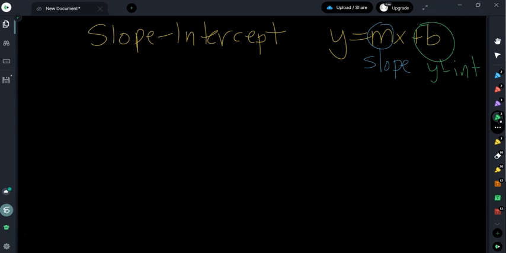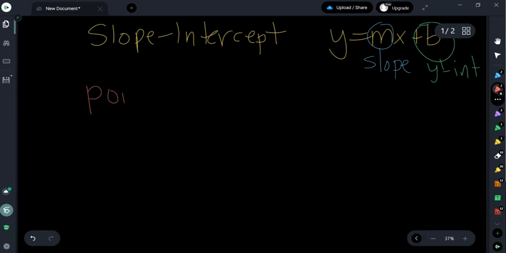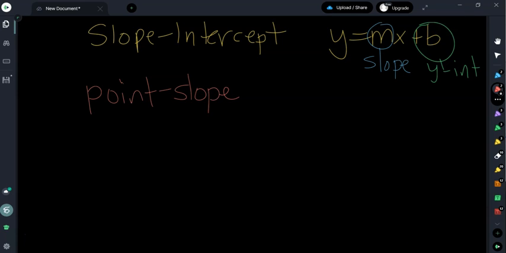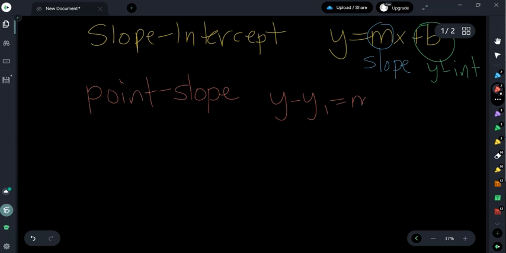Well, in this one, we're going to look at point slope, and then we'll look at general form. Point slope is the equation when we actually have a point and a slope, whereas slope-intercept has a slope and a y-intercept. Point slope gives you the opportunity to plug in a slope and a point. And what point slope looks like is y minus y1 equals m times x minus x1.